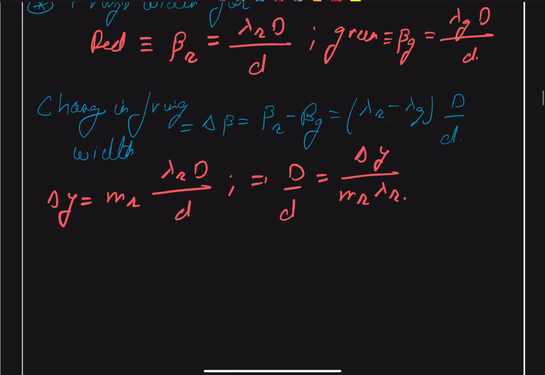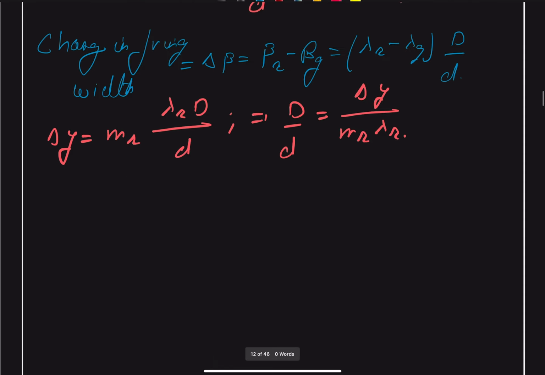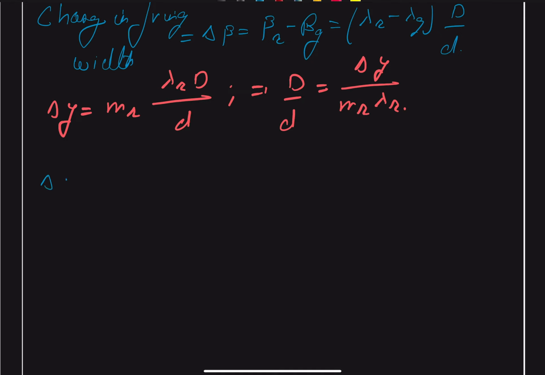So therefore we can write that our delta beta will be equal to lambda_R minus lambda_G, times delta y divided by m_R lambda_R. Now we can just easily substitute all the values, and keep in mind this delta y is for red, and here also it is red.